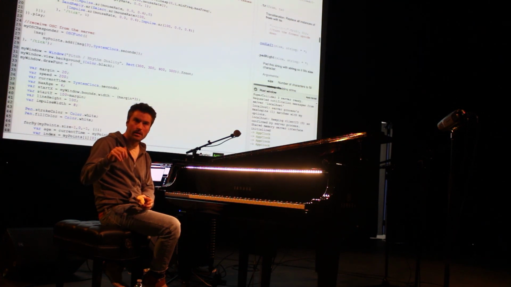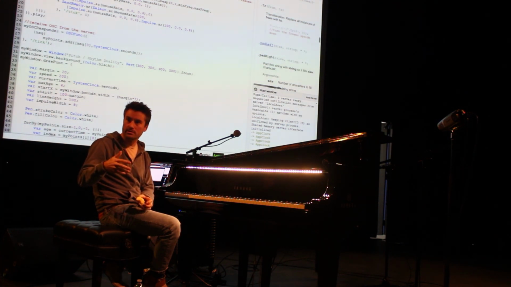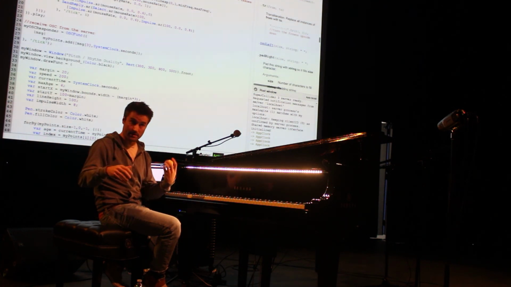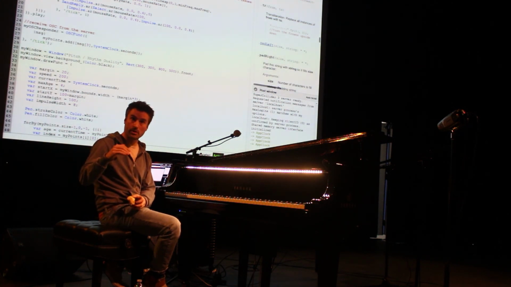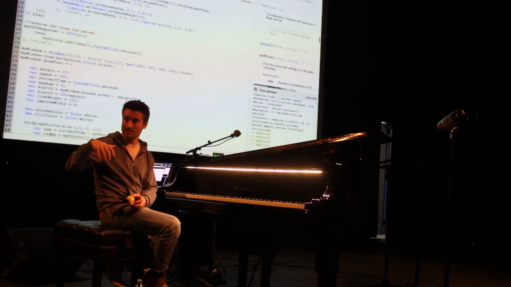Now, if you think of the harmonic series, for example, if I sing a tone, and this is how trumpets work, how harmonics on the guitar work, in that tone is contained the harmonic series.